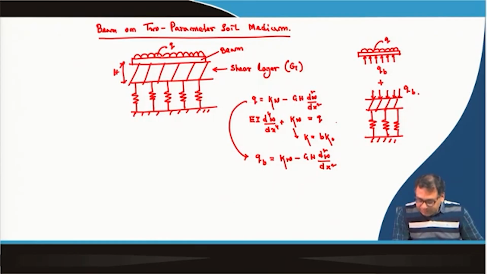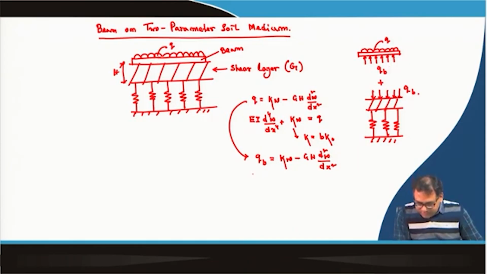And for the beam, this equation will be, because this is the reaction which is nothing but K into W. In the actual beam problem I am writing K into W, that is nothing but this reaction QB.